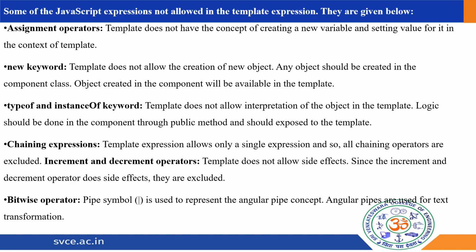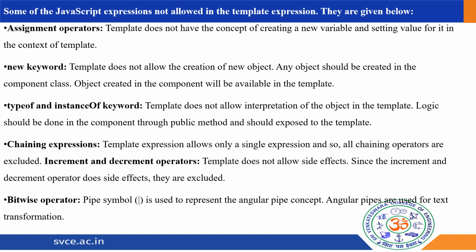Any object should be created in the component class, so an object created in the component will be available in the template. With typeof and instanceof keywords, the template does not allow interpretation of the object in the template. So the object should be built in the component class and exposed to the template.